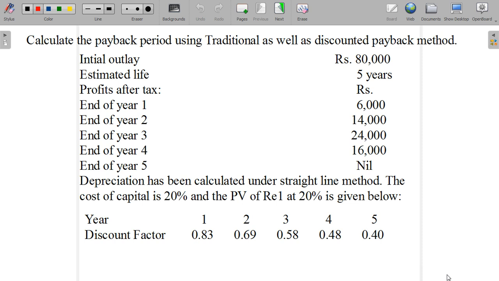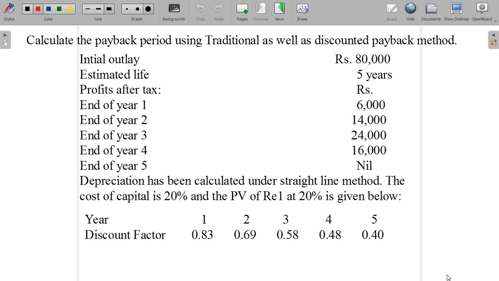Here we have a problem where they are asking us to find both the traditional payback period as well as the discounted payback period. They have given details such as the initial outlay, that is the initial investment, which is 80,000. The estimated life of the project or the machine is 5 years.